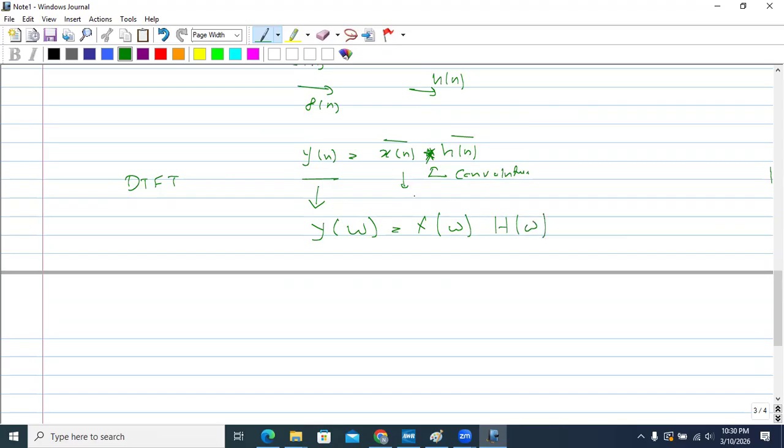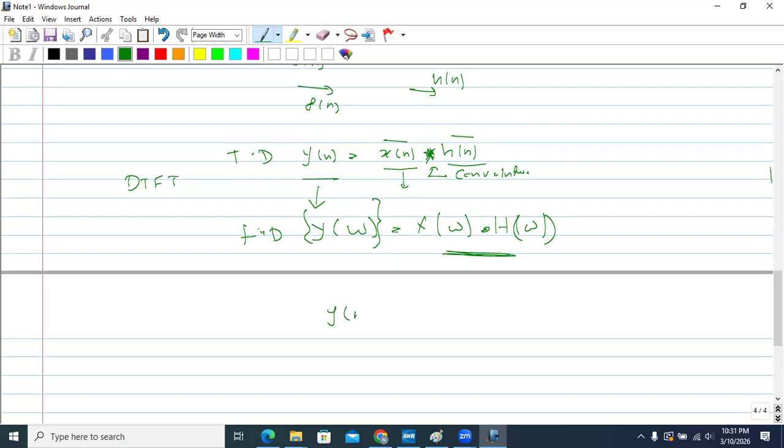Once you convert this time domain signal into the frequency domain, this convolution becomes a simple multiplication. So you get the Fourier transform of xn, the Fourier transform of hn, then you multiply them, so that you can calculate Y omega.